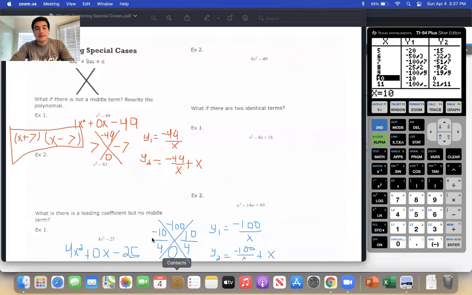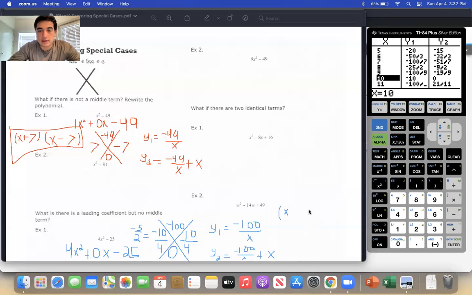Okay, and so I have negative 10 over 4 and 10 over 4. Okay, so I'm gonna write that over here. So my two factors, if I just put them in normally, we would think it would be x. Then when I reduce those, negative 10 over 4 would reduce to negative 5 over 2, and you can use the calculator.